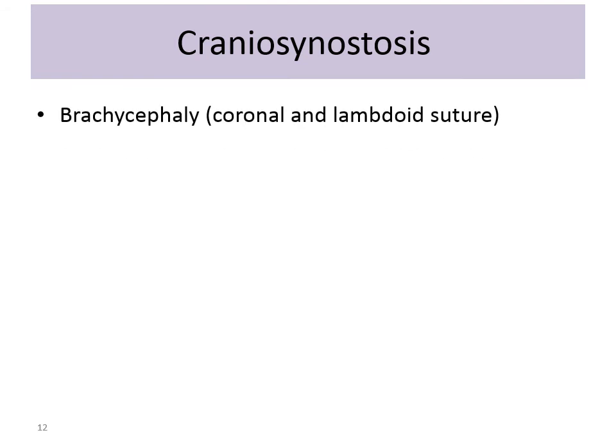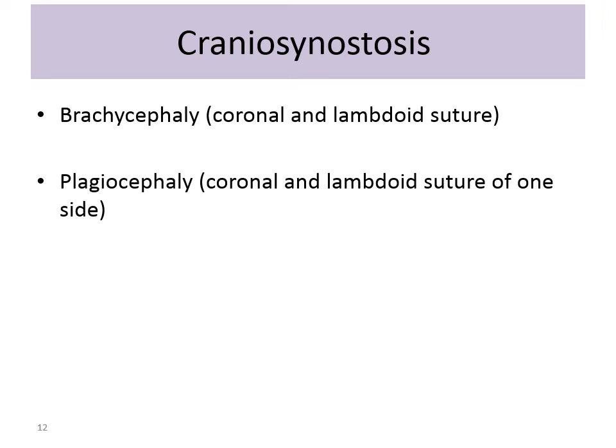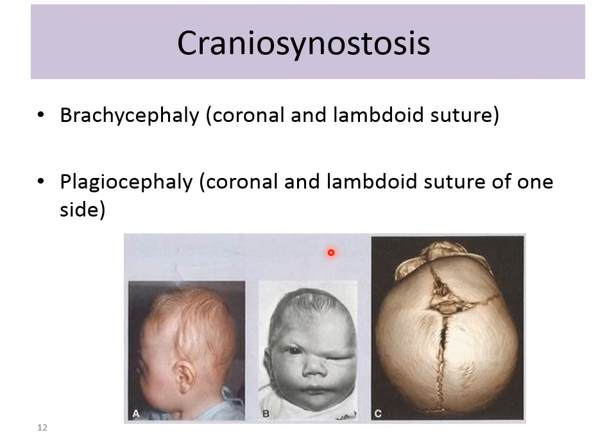Second one is brachycephaly, and this is due to premature closure of the coronal and lambdoid sutures. Third one is plagiocephaly, due to premature closure of the coronal and lambdoid suture of one side. Let's have a look at the image.